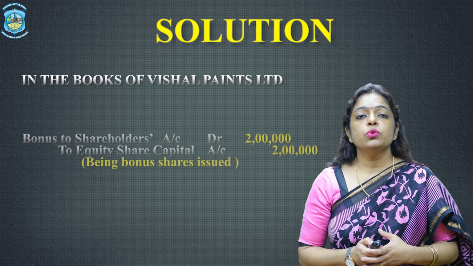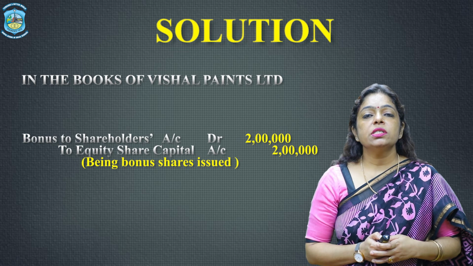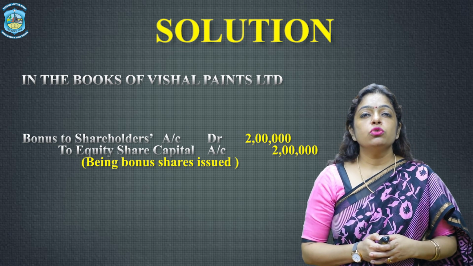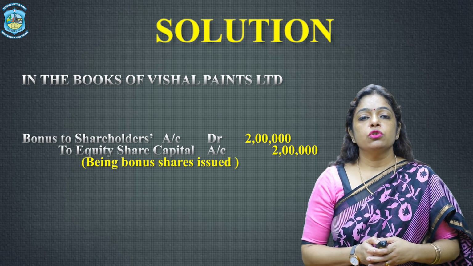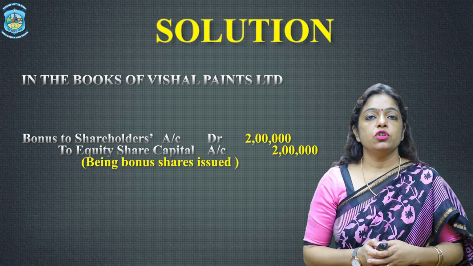So journal entry number 2 is bonus to shareholders account debit 2 lakhs, to equity share capital 2 lakhs. So this is the bonus shares issued.